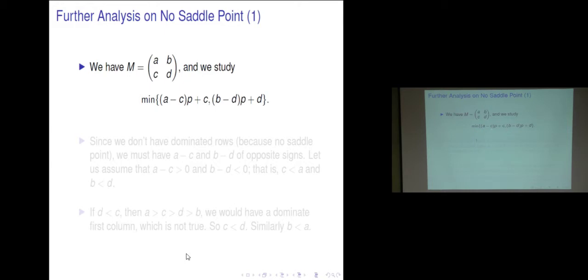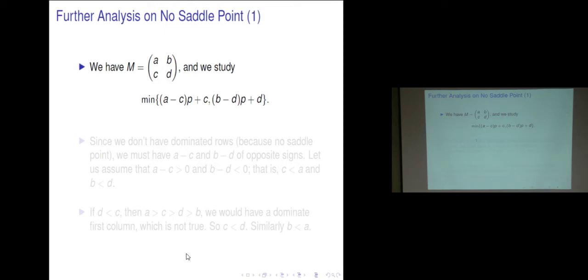The difficult part is to show that whatever A, B, C, D are, these two lines always cross. You cannot have one line above the other. We are studying these two numbers, and I want to convince you that if I plot the two equations, they always cross. So we can always find some special spot.